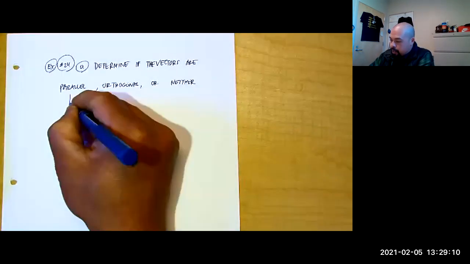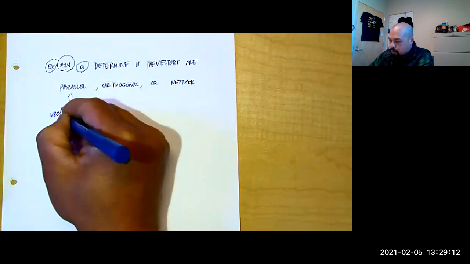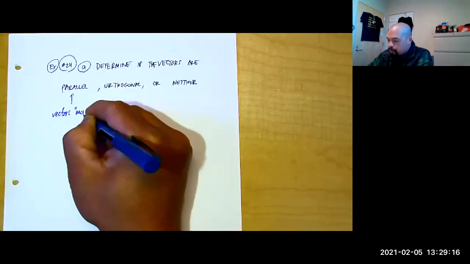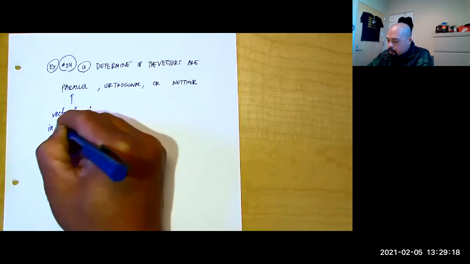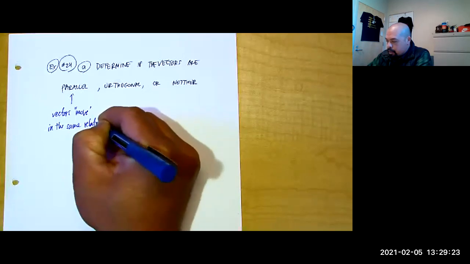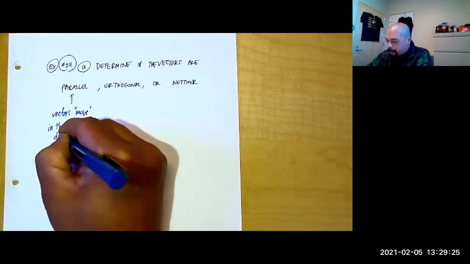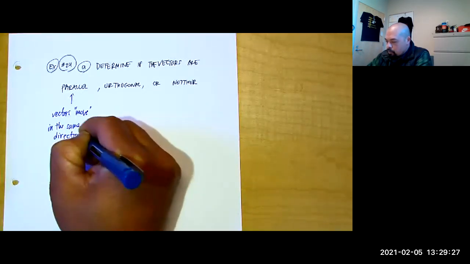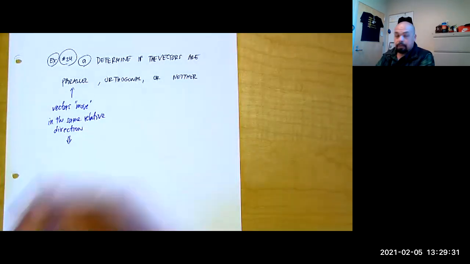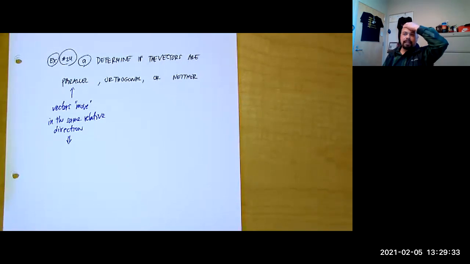Parallel, this means, right, the vectors kind of, I'll say, move in the same relative direction. Okay. And so our way of checking that, possibly, right, we can do the dot product and think about that angle.